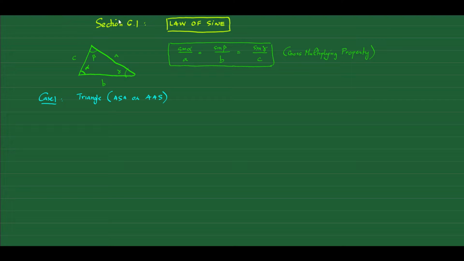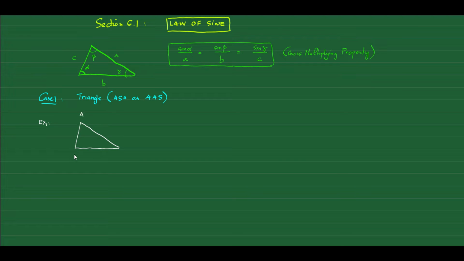Now let me start with the first example here. Again I have a random triangle. Let me erase this. A random triangle, and they give you the angle over here.